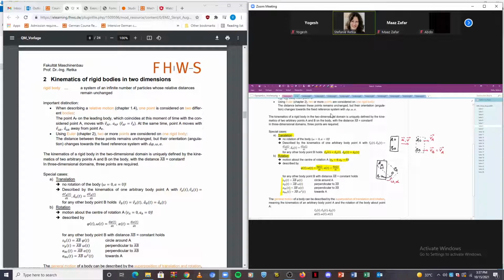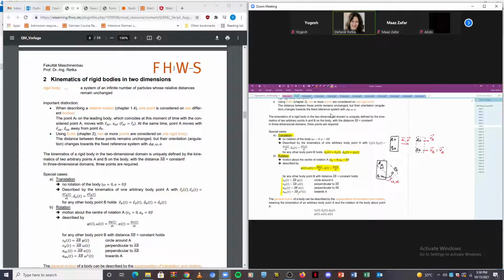The velocity, again, is distance AB, corresponding to the radius of our circular path, times angular velocity. And tangential and normal components of the acceleration, again, depend on the radius of the circular path and the angular acceleration, or the square of the angular velocity.